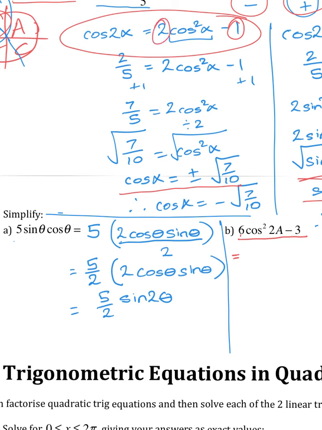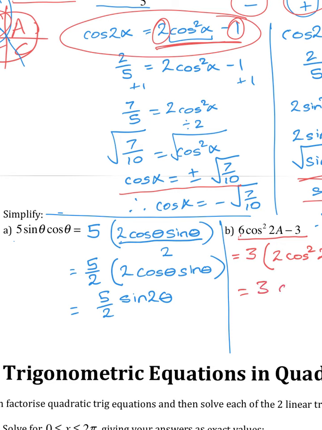And I also want this term to be 2, so I would take 3 out again from the 6. So let's just see what happens when we take 3 out. We get 2 cos squared 2a minus 1. All right. Now that looks more like our rule, which is great.